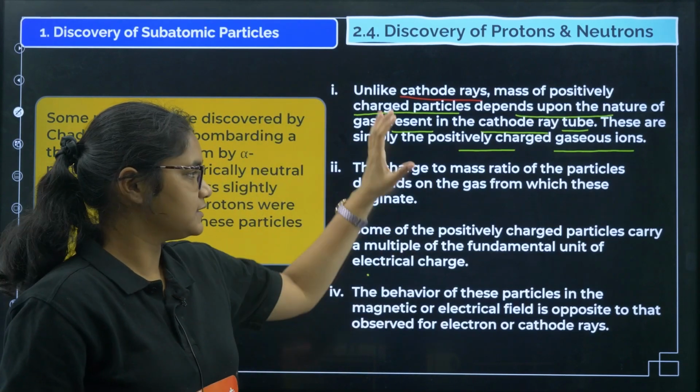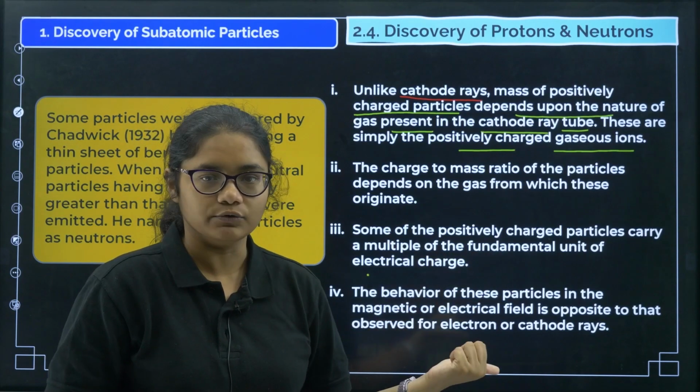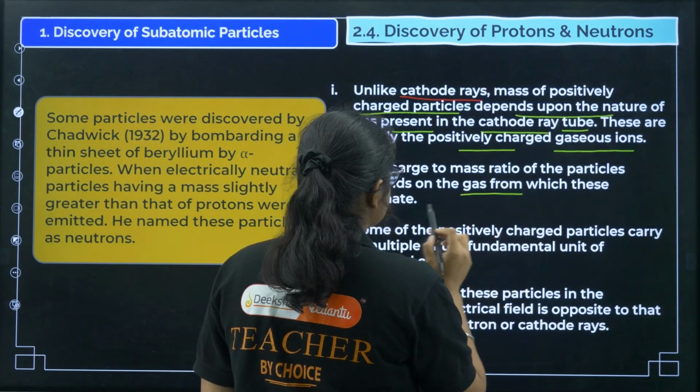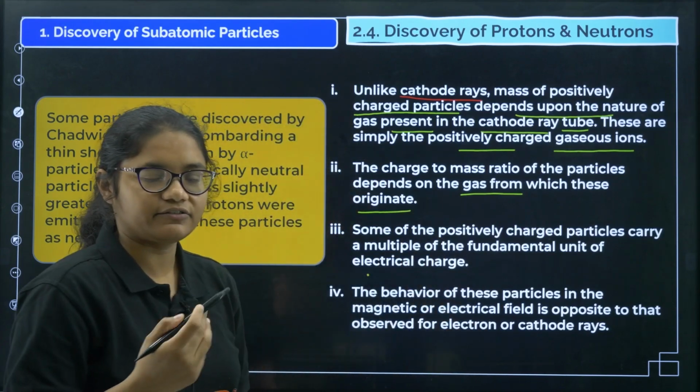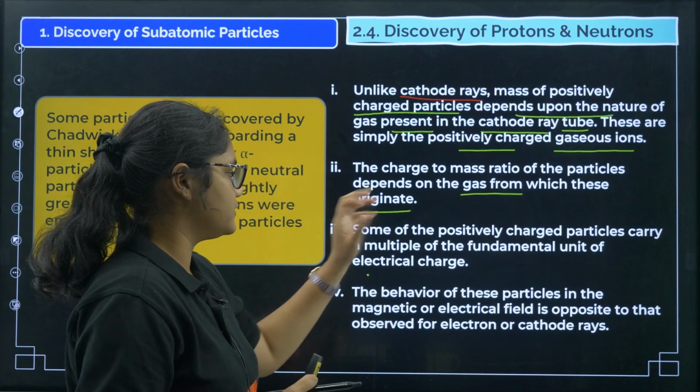But in this case, the anode rays depend on the type of gas that is used. The charge to mass ratio of the particles depends on the gas from which they originate.